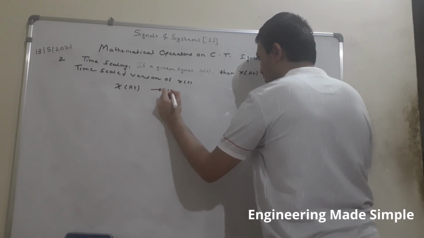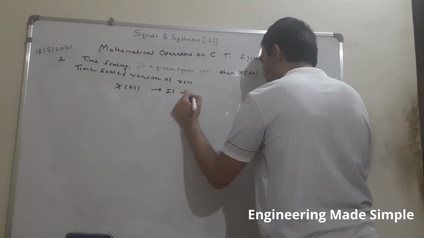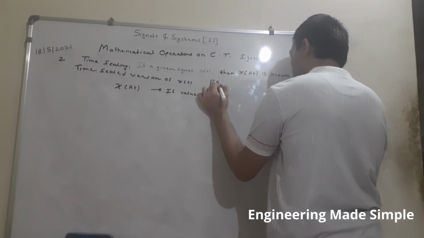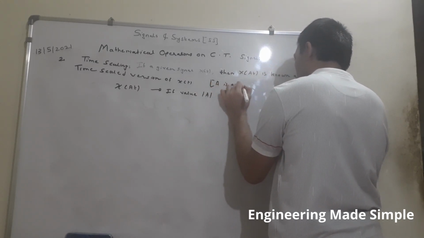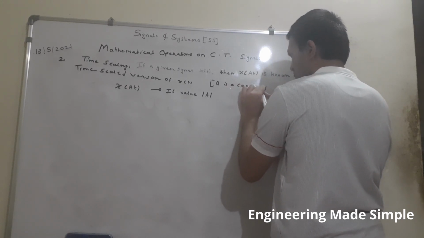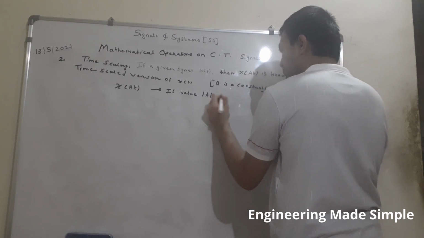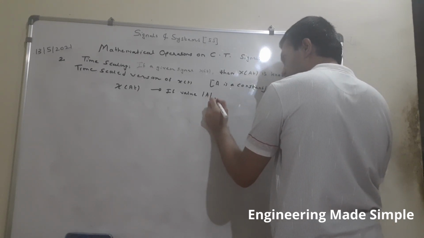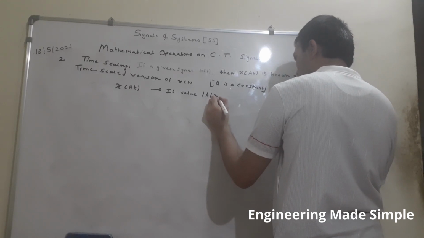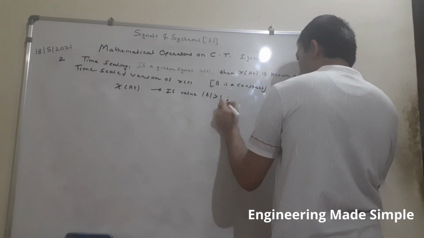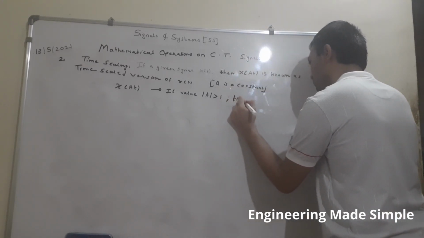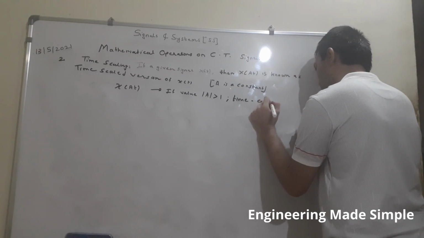If the value of the constant a, here a is a constant, is greater than 1, then we say time compression is performed.